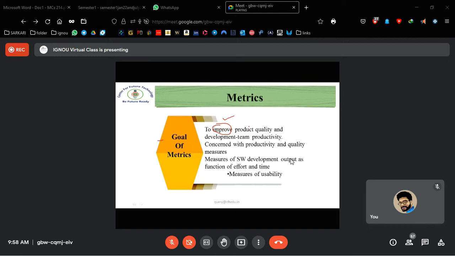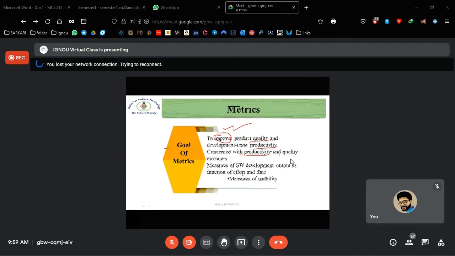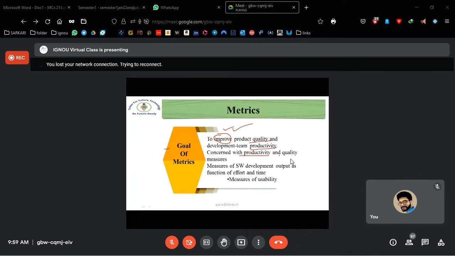So development team productivity is concerned with the product. Even if, let's say, three people were involved in the development of the software, and now that software is going high or is coming out best in the industry, the productivity of the people who were involved in developing that software, and what kind of practices and methodology they used, is again a kind of metric.